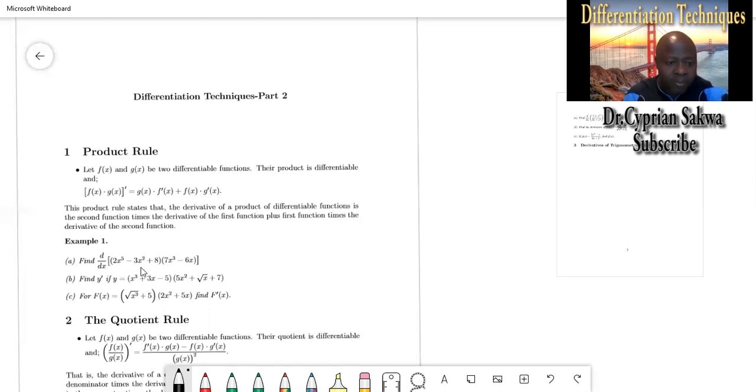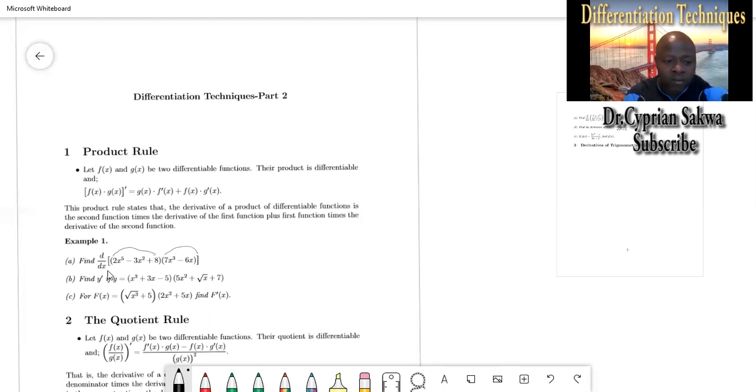Now, for example, in this part A, we are given the first function here and the second function here, and we are supposed to use the product rule to find the derivative. Note that this symbol here is a command to differentiate.